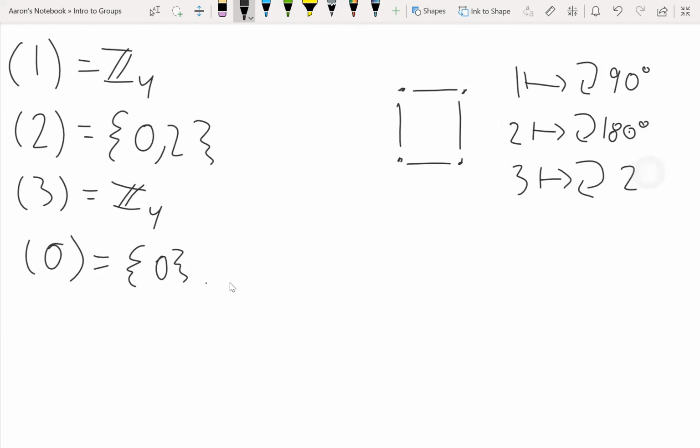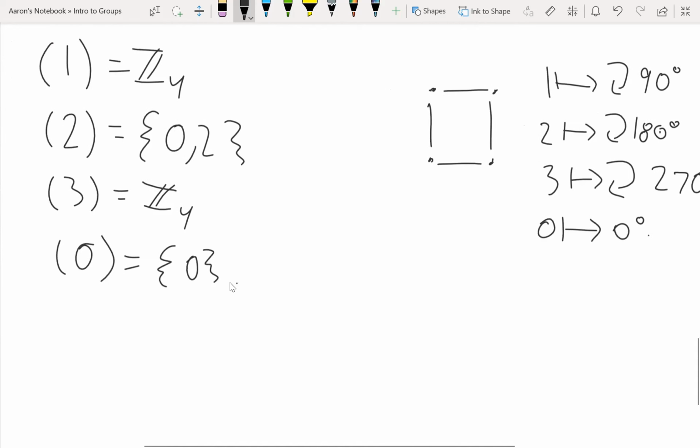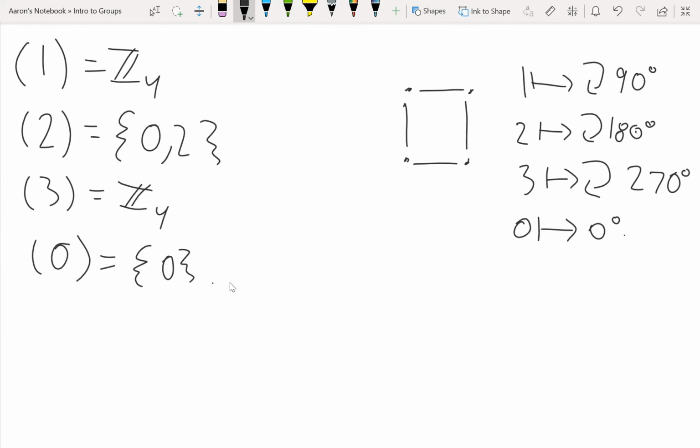Yep. And then obviously 0 degrees. So this is part of the reason that I say we don't need to have all of the symmetries, because this isn't all the symmetries of the square, but it is the rotational symmetries of the square.